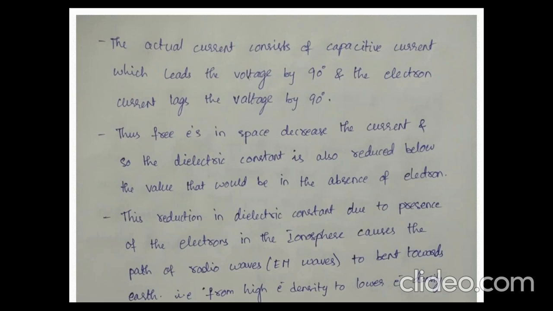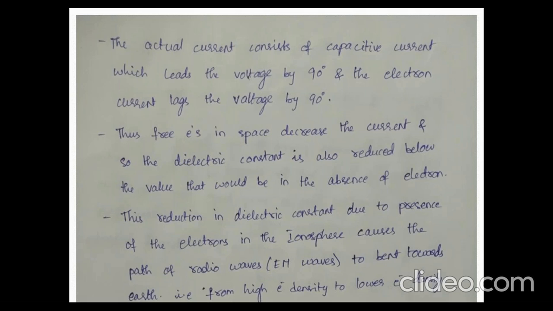When you don't have electrons, the dielectric constant is 1. It will be reduced below 1 if there are electrons in the ionization layer.